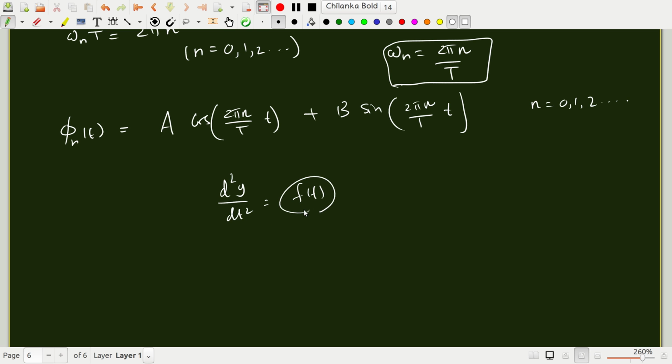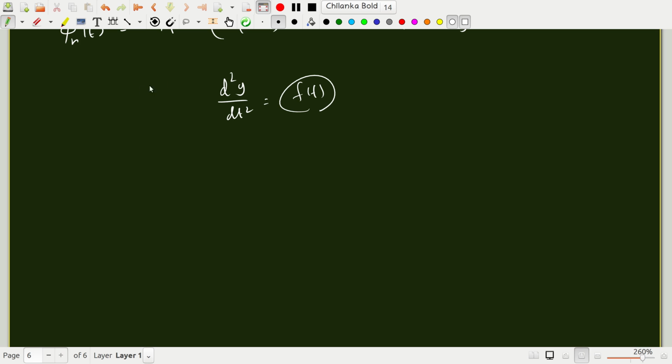Now one important thing is that sometimes the eigenvalue problem will look like this. L phi i of x is lambda i, rho of x phi i of x. That is, it's not that Ax is equal to lambda x.